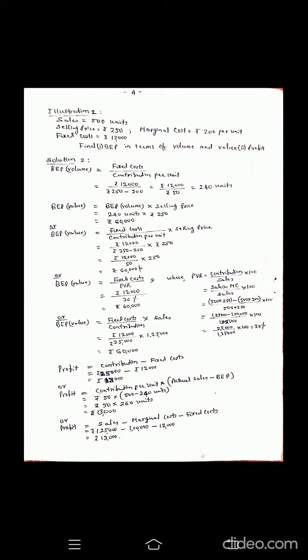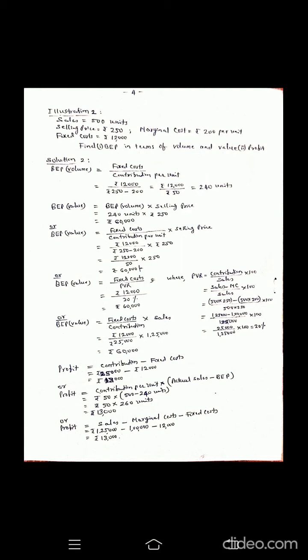Now, we can also follow another formula to compute BEP in terms of value. Fixed cost divided by contribution per unit into selling price. Rupees 12,000 divided by 250 minus 200 into rupees 250. So 12,000 divided by 50 contribution per unit into 250.